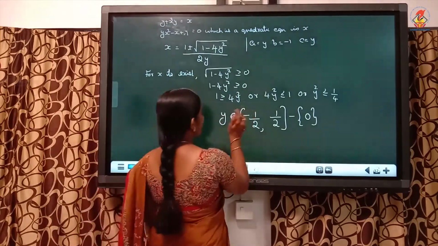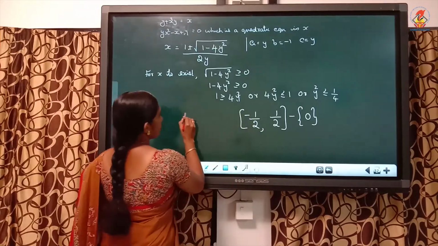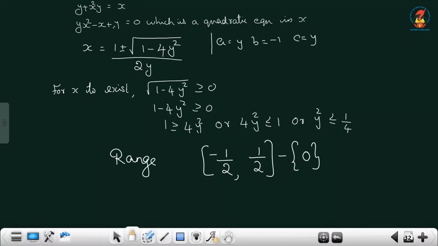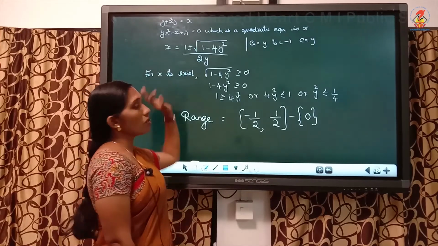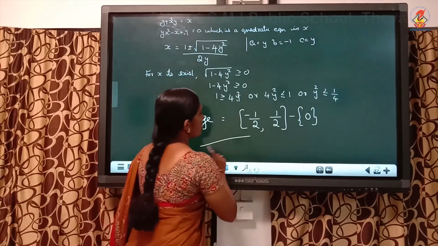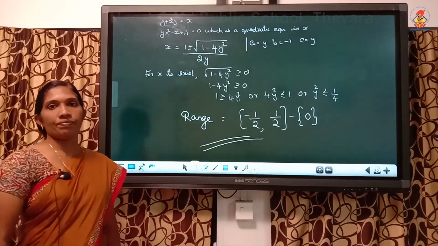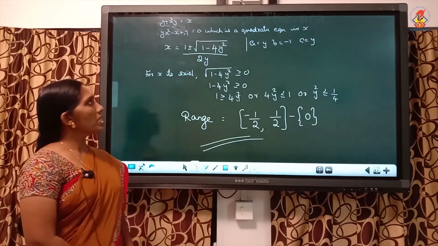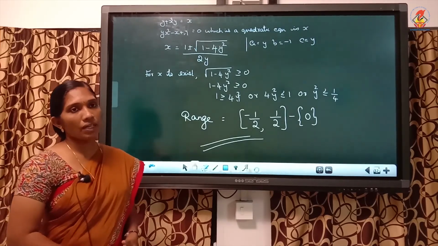So the range is minus half to half, closed interval, and 0 is an element in this interval, but at 0 this x is not defined, so you have to subtract it. So this is the range of the given function. Okay. So that much about the chapter relations and functions.